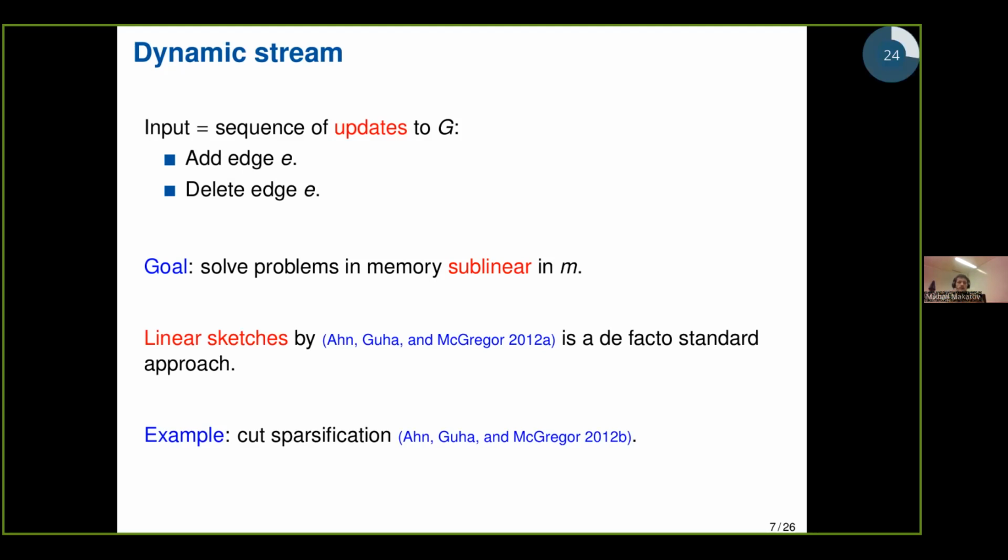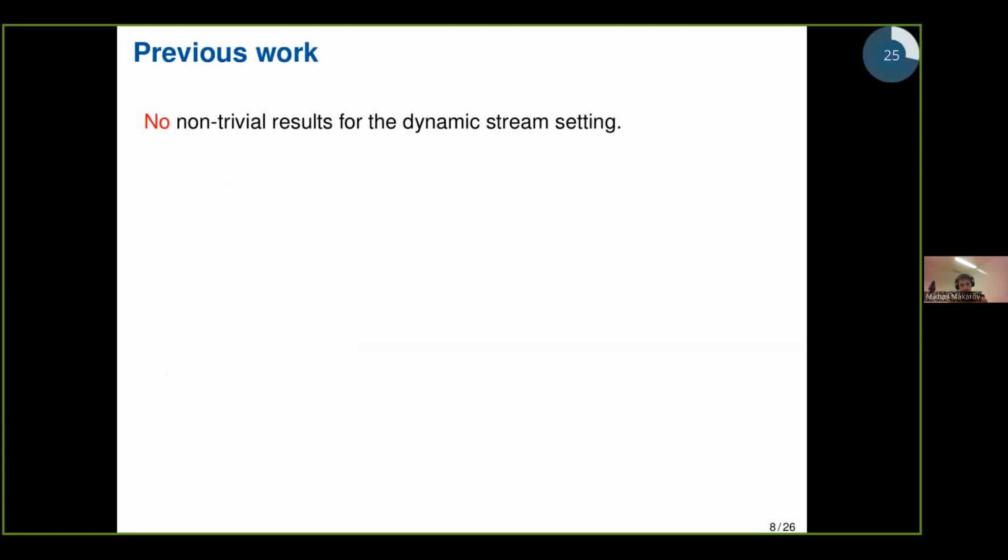And for example, in their other work, they showed that one can construct a cut sparsifier in sublinear memory using those linear sketches. Speaking of previous work, there are no trivial results known for constructing expander decomposition in the dynamic stream setting.